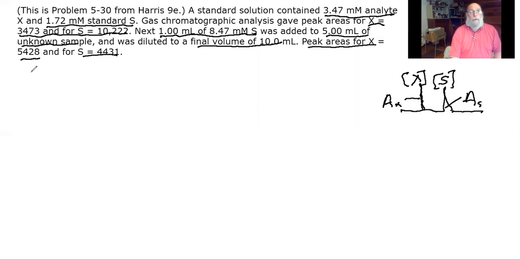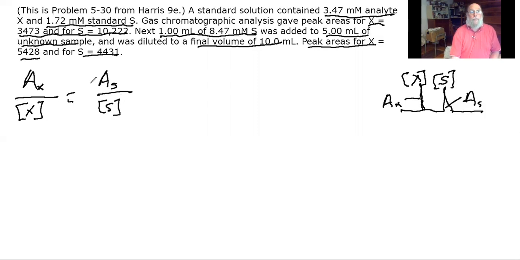Anyway, so we take our standard material and the area or whatever you want to measure of X is proportional to the concentration of X, our analyte. What you do is you ratio the peaks or the areas or whatever, and the area of the standard to the concentration of the standard.